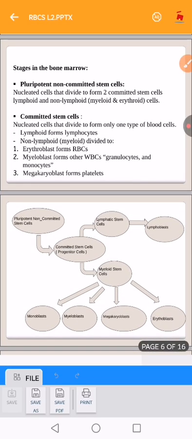So focus on these pictures. The pluripotent non-committed stem cell divides to committed stem cells. The committed stem cells divide to lymphatic or non-lymphatic. The lymphatic stem cell gives us the lymphoblast, and the non-lymphatic or myeloid stem cells give us monoblast, myeloblast, megakaryocyte and erythroblast.